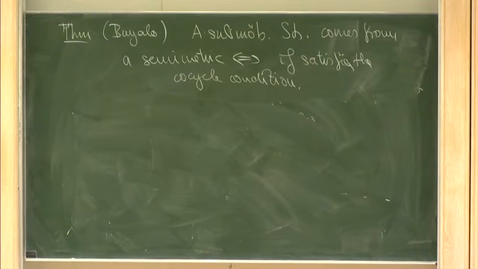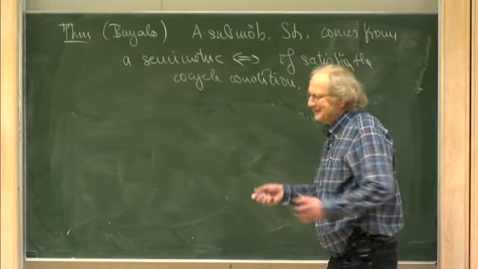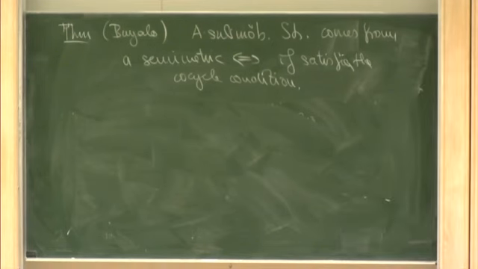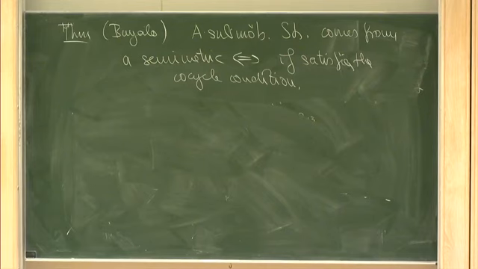Actually, if you see the paper of Bujano, you will not realize that as a result. He formulated it in a completely different way, which I do not really understand, but that is an interpretation of it.